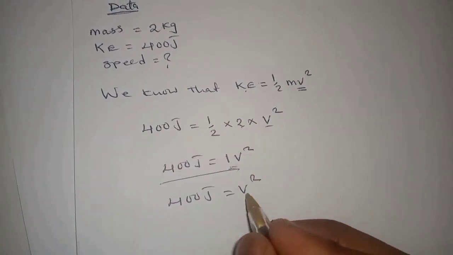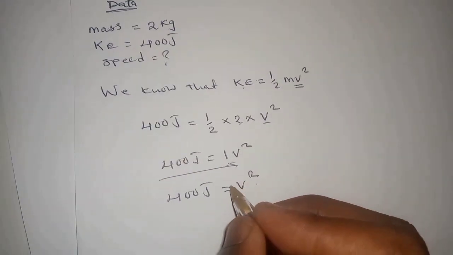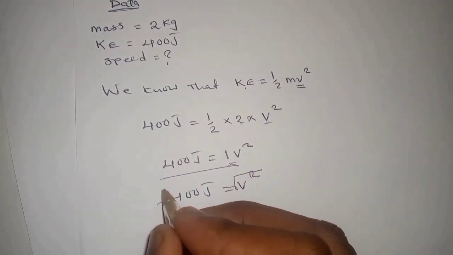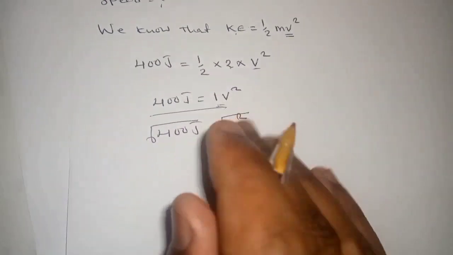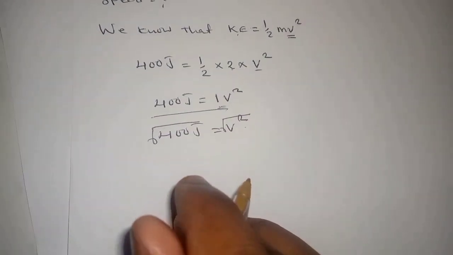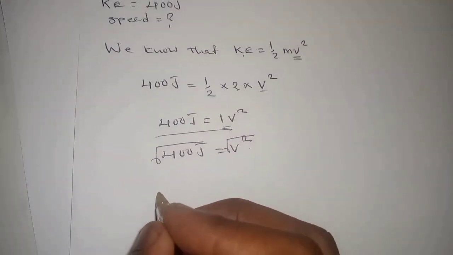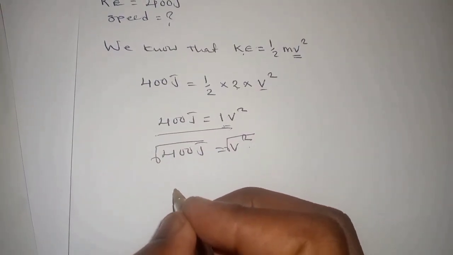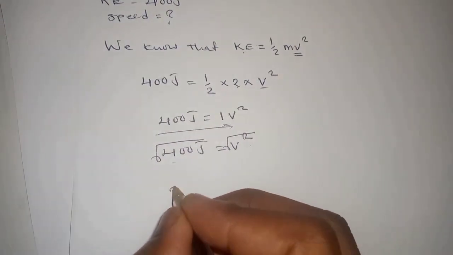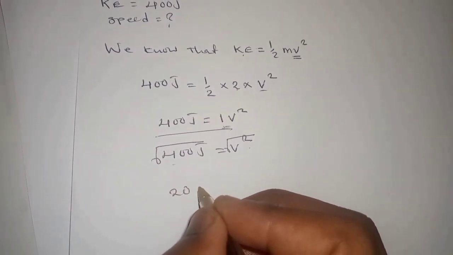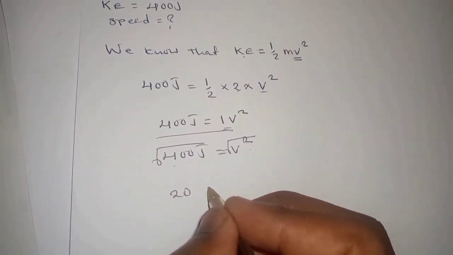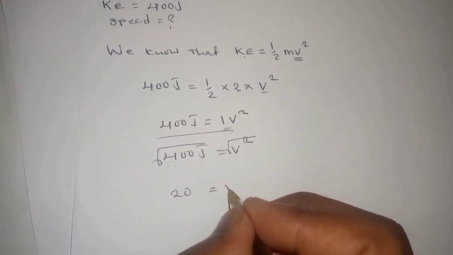Then what do we do? We introduce the square root on both sides, this side and the other side. We know that the square root of v squared will just be v, and the square root of 400 will be 20. So 20 is equal to v.